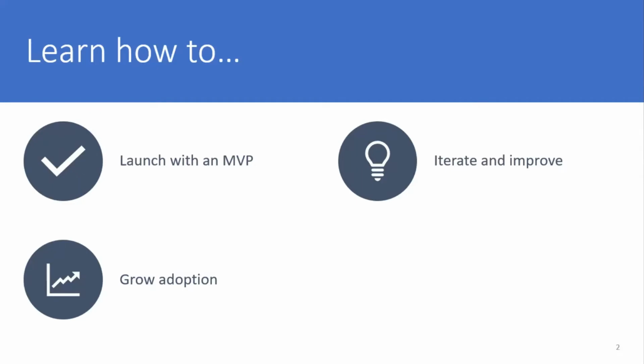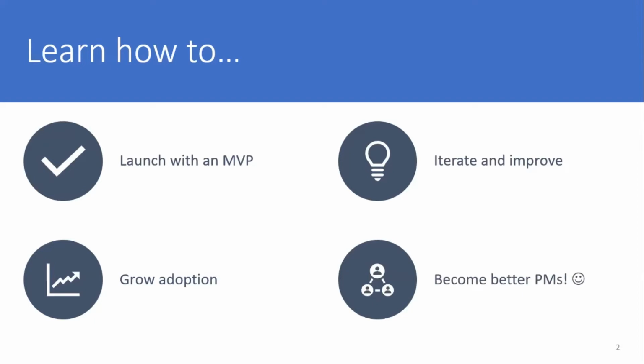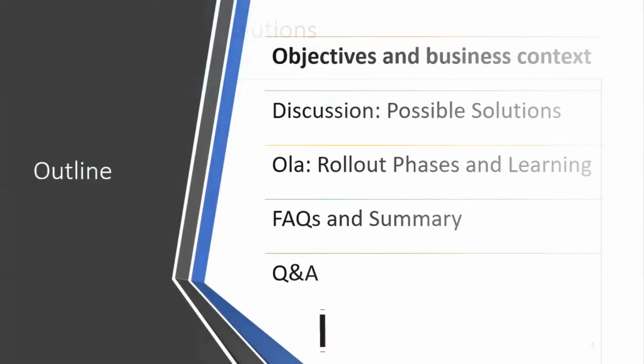It's their job to ensure that users use the feature that they've built and grow adoption, if not make any course corrections and changes such that the friction is reduced for the users and they're able to adopt this. And hopefully by learning all of these, we can become better PMs and learn to do our jobs a little better, right?